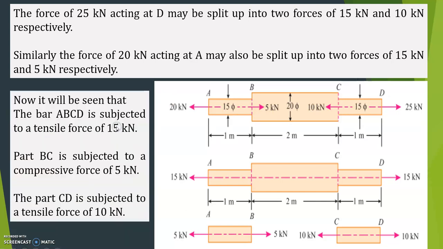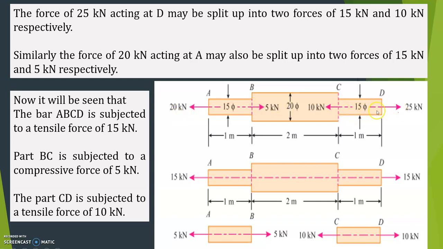Okay, so now totally how can we divide? See here, now it will be seen that the bar AB is subjected to a tensile force of 5. So I divided at A, the force is split up into 15 and 5, because at B the force acting is 5 kilonewton. So you can consider AB first, section AB, that is 5. Both are tensile forces. Now at A, the remaining is 15. So now at B there are no forces.